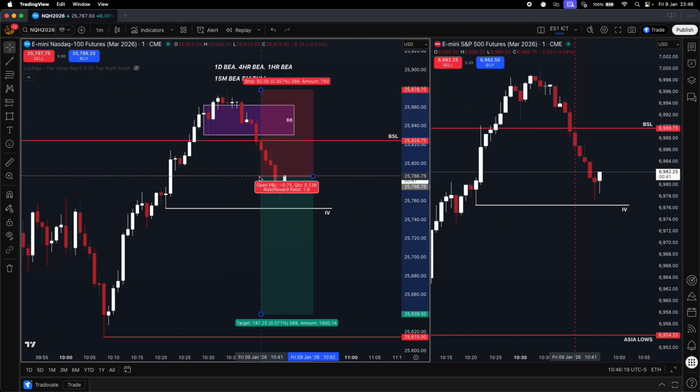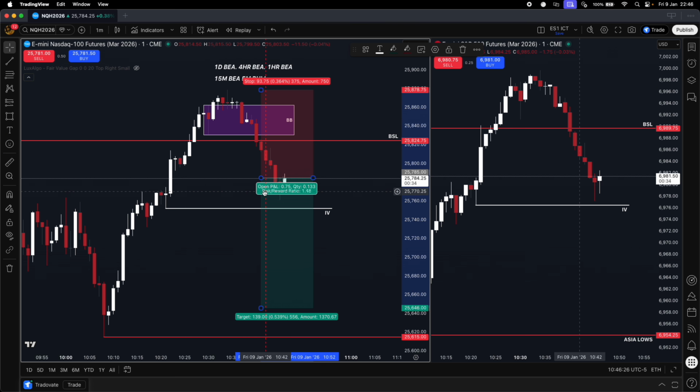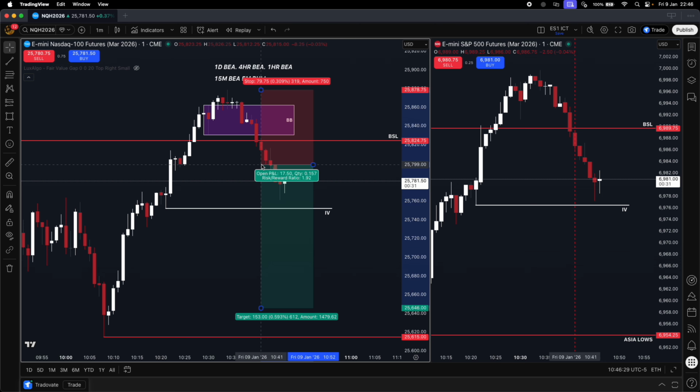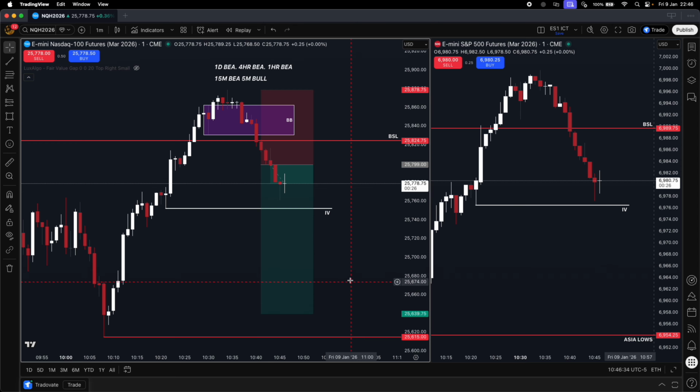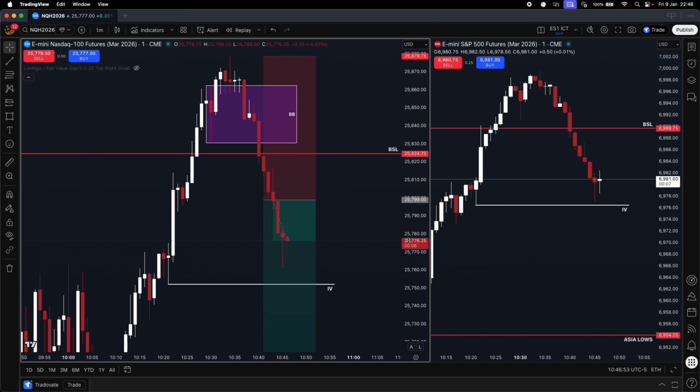So you can see this is around a 93 handle stop. That's too much. So the entry we're looking for is 799, but if we don't get that, it's fine.